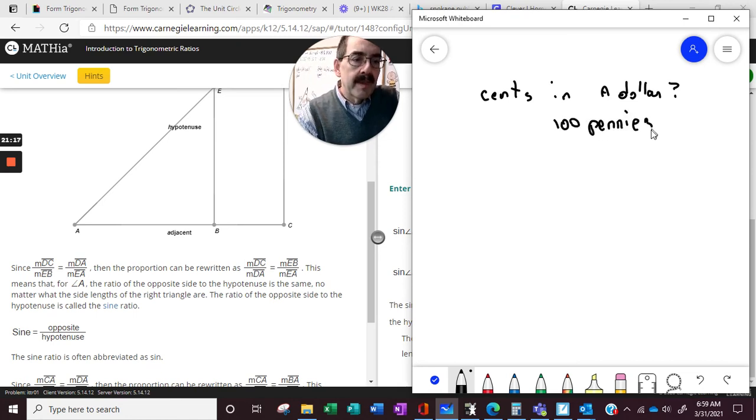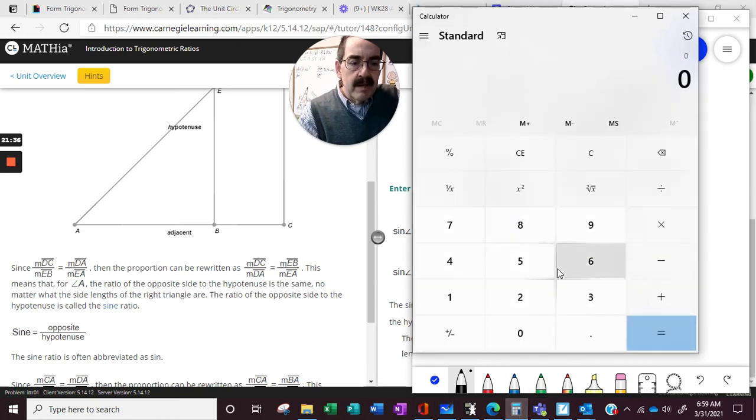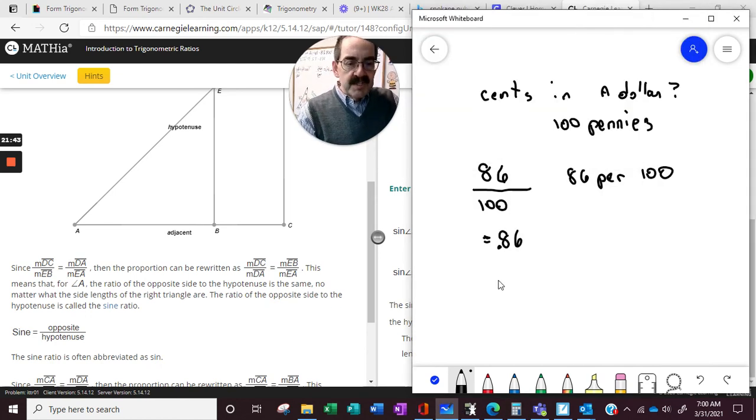So now, if I have 86 pennies per 100, 86 per 100, I get 86, I get 0.86. Grab our calculator, 86 divided by 100, 86%.